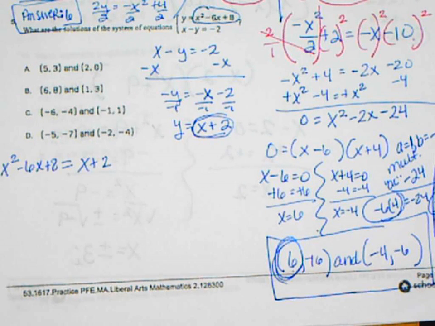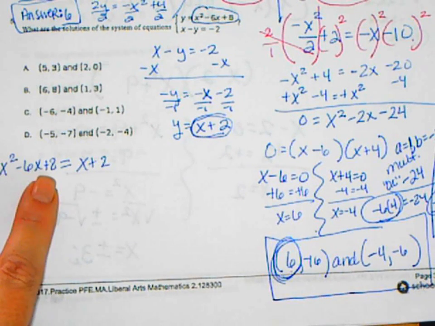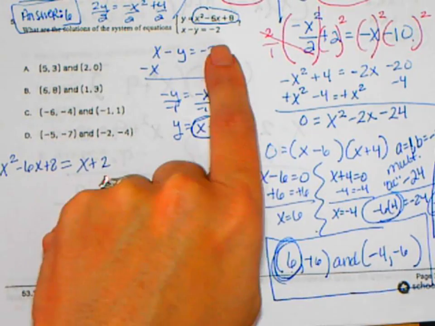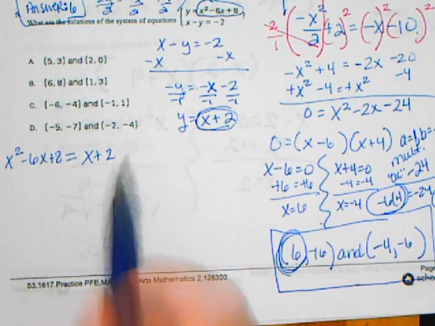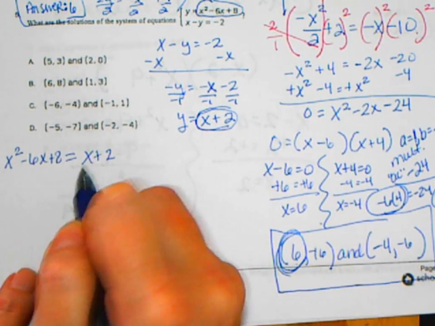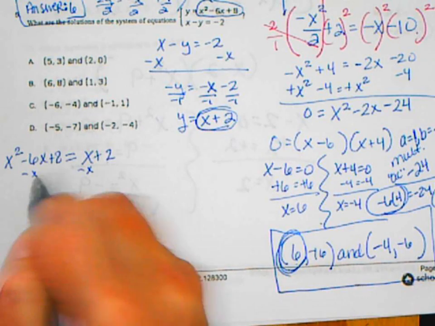I'm going to have to get everything on one side and then hopefully solve by factoring. Since my term with the highest degree is on the left side and it's positive, I'll just keep it there and I'll move the x and the 2 over to the left. So I'll subtract the x and I'll subtract the 2.